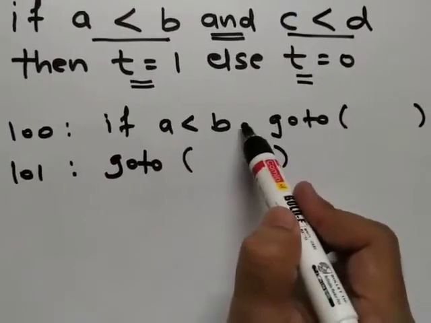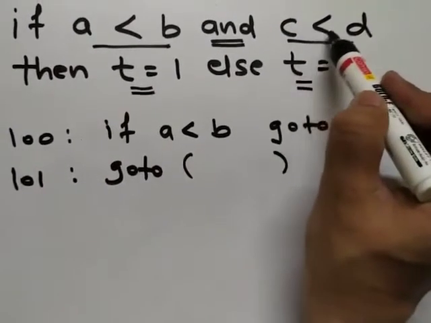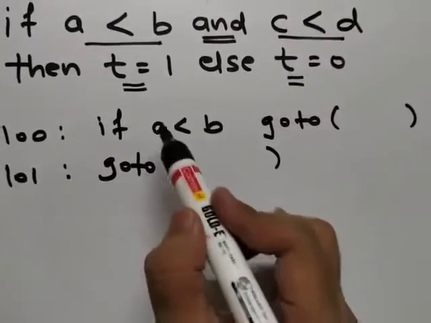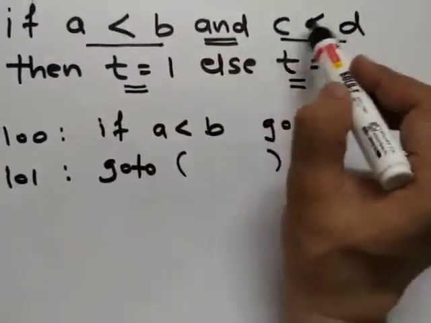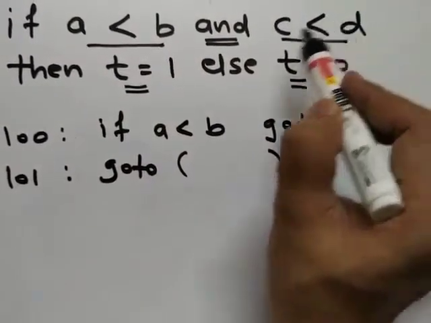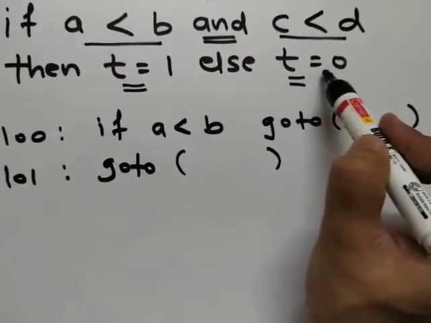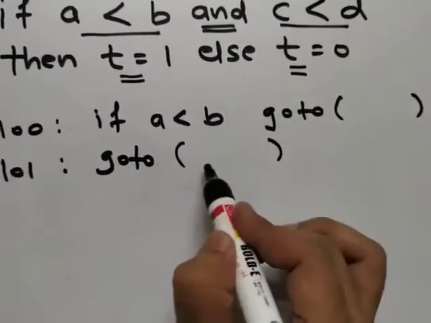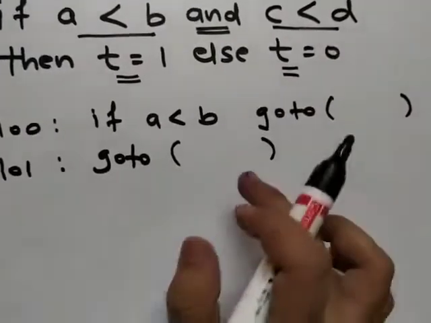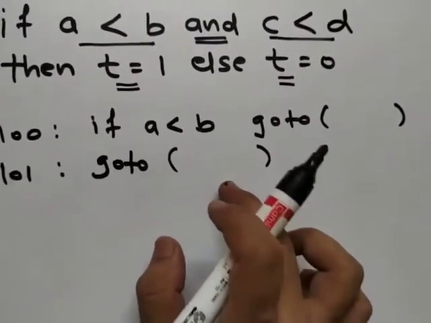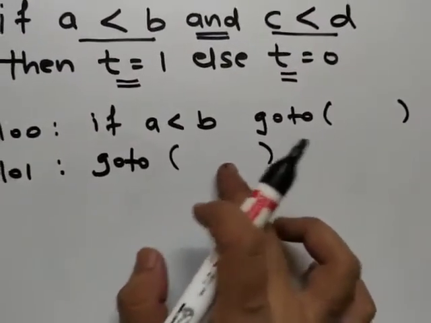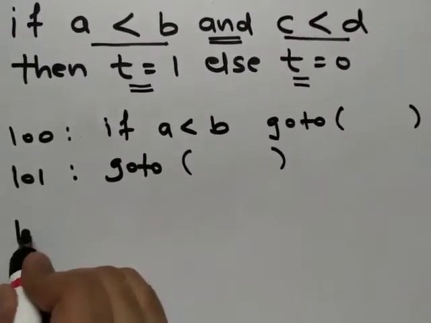If a less than b is true, then I am going to evaluate c less than d. If a less than b is false itself, there is no need to check c less than d. I am directly going for this particular condition, t equal to 0, and that t equal to 0 will be placed somewhere at an address. That address is not known, we will be filling that address very soon.